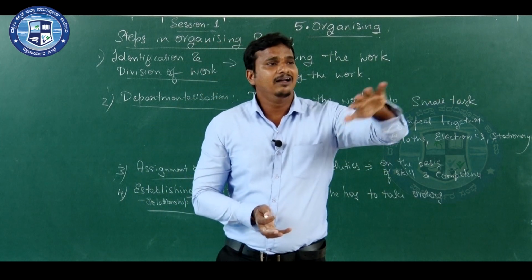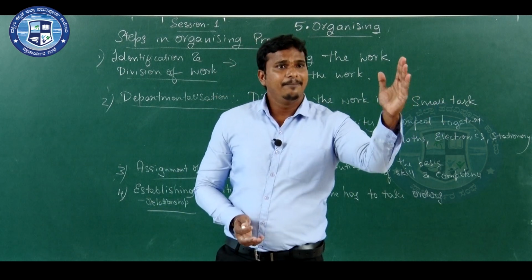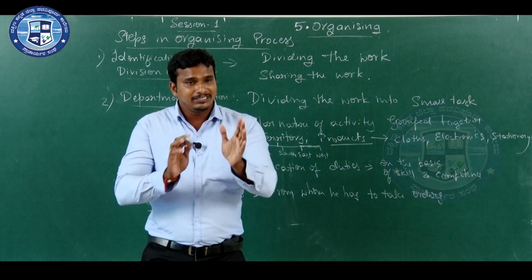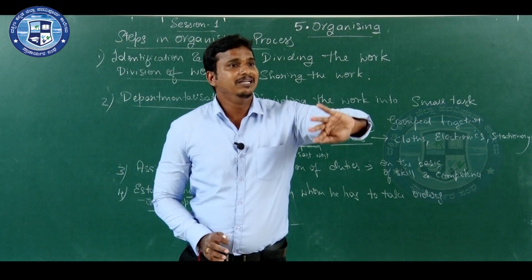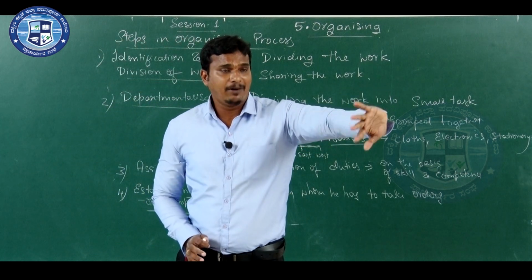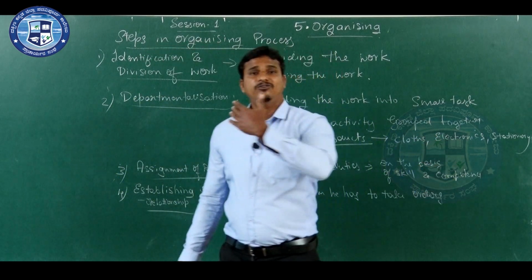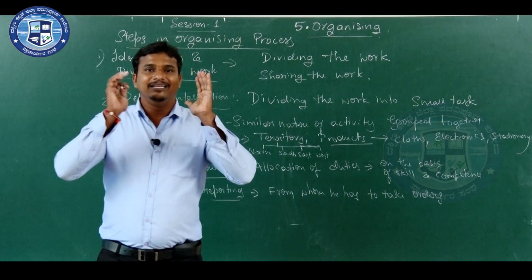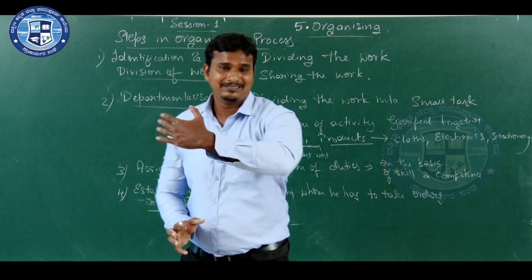Clothes are in one particular department. In the clothes department also, men, women, kids, they divide like that. The grocery items are separately maintained, fish and meat have a separate department, and at the same time the electronics items, mobile phones, washing machines, TVs, are all kept separately. So it is departmentalized on the basis of product.